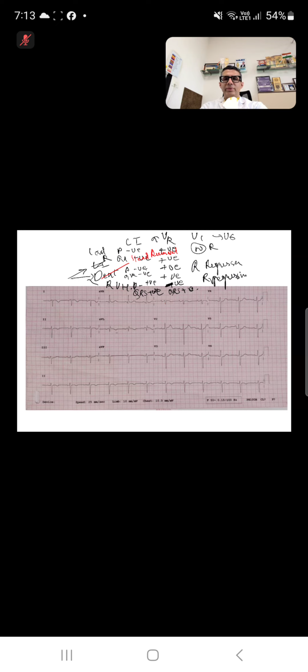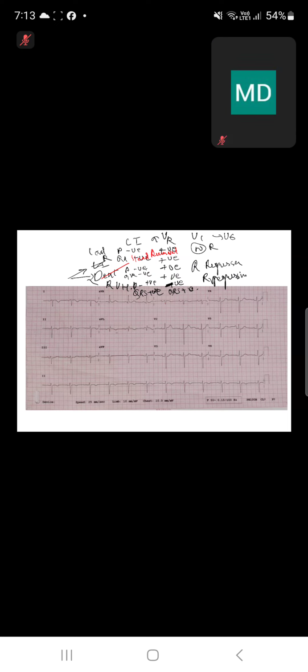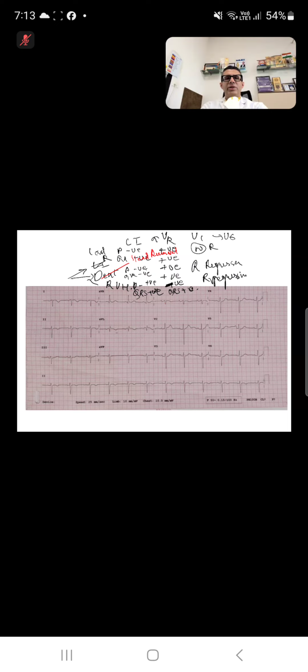V1, how are the P waves? Biphasic, sir. Yeah, so biphasic P wave. Somebody mentioned already about left axis deviation.